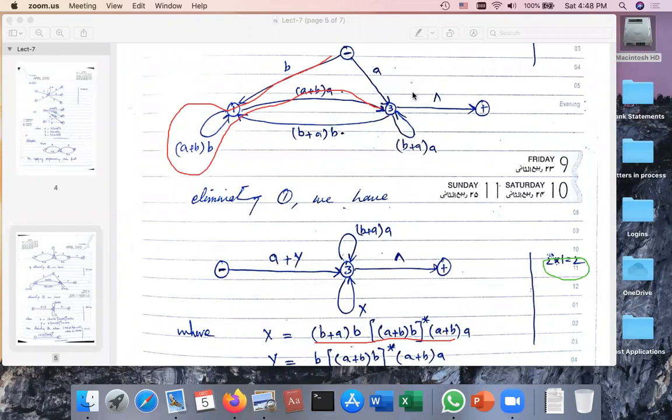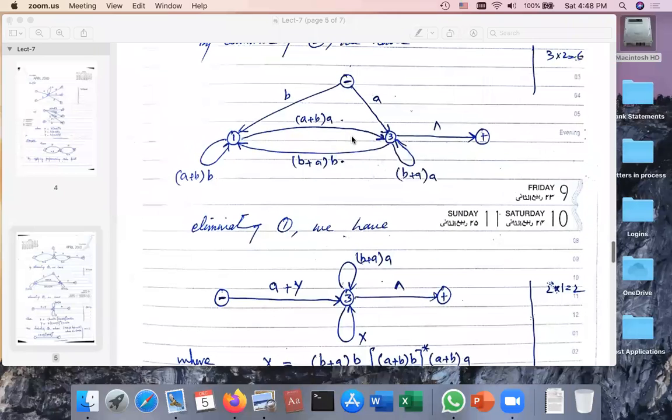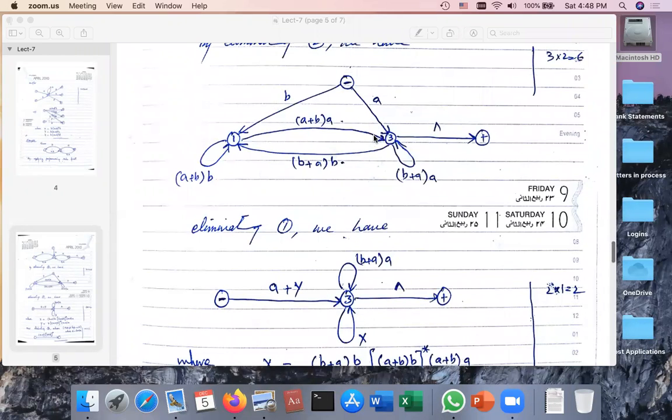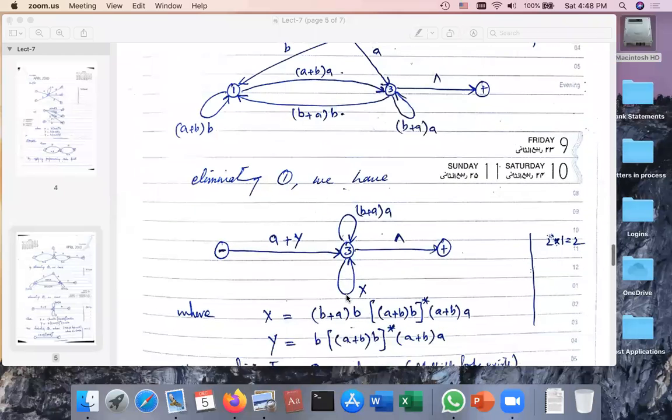Now I want to clear this drawing first. The other one is easy. After removing this from 3, can I go here? Yes. From 3, I can take b plus a into b here, then this loop a plus b into b whole star, and then a plus b into a, and then I can reach 3 again. So this is something you have to introduce at 3, which is why it is mentioned here.